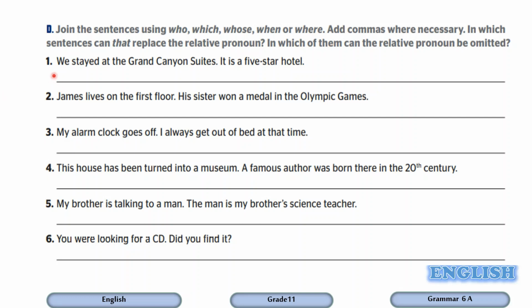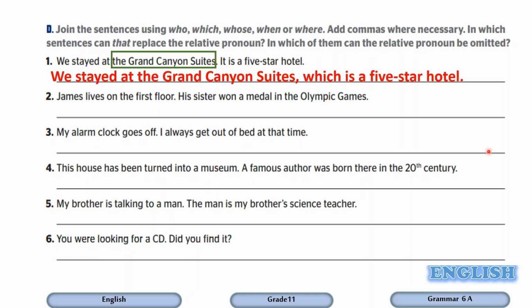Number 1, we stayed at the Grand Canyon Suites. It's a 5-star hotel. We provided extra information, so the answer would be: we stayed at the Grand Canyon Suites, which is a 5-star hotel.